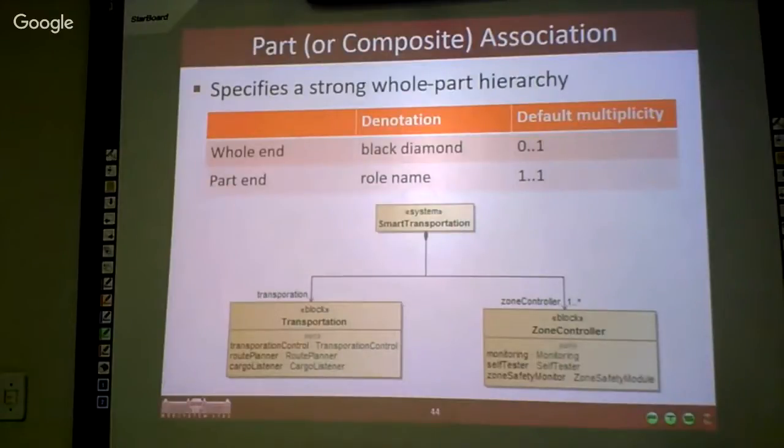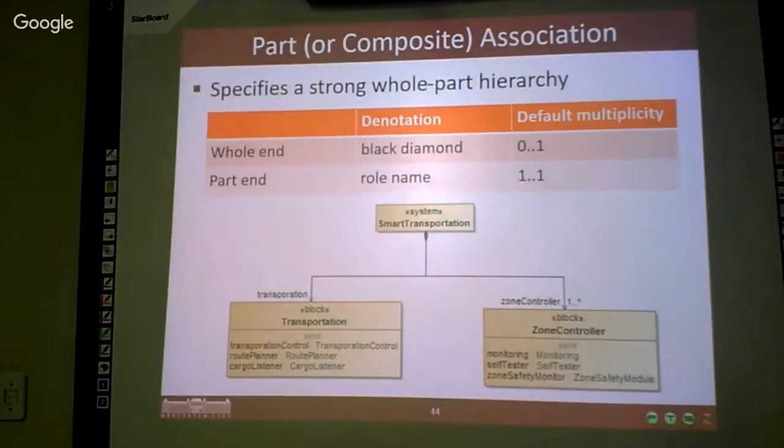And you can also use composite associations, part associations, that specify a strong whole-part hierarchy. So at the whole end, you have the black diamond. At the part end, you have the role name as it is depicted here.